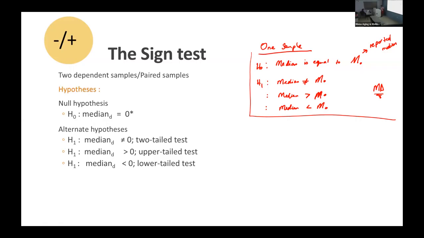So, for claims involving nominal data, I'm going to write it for nominal data, but you're actually going to see that this hypothesis can also be used when you have paired samples as well.